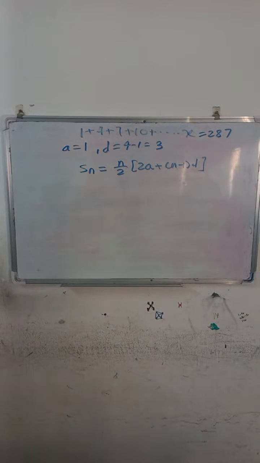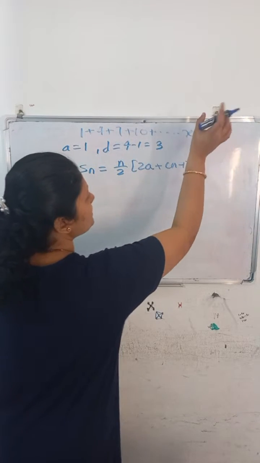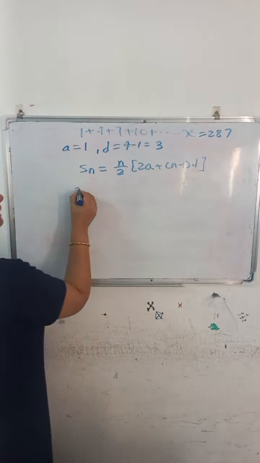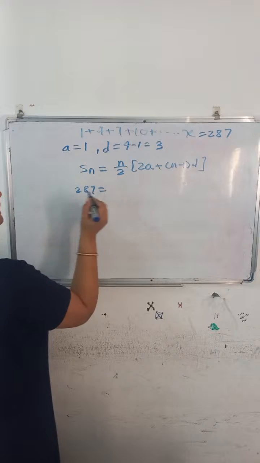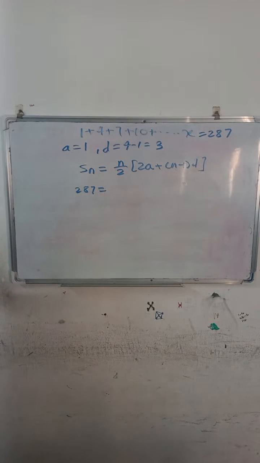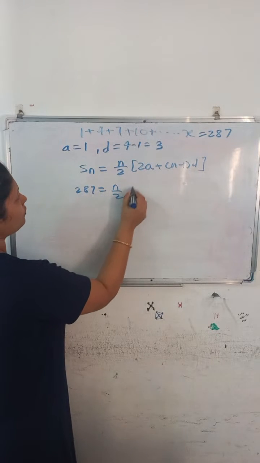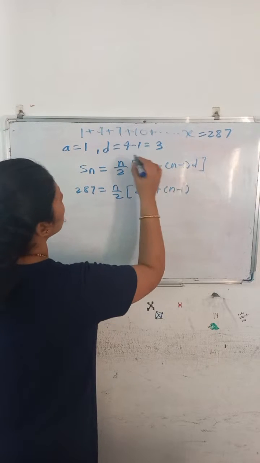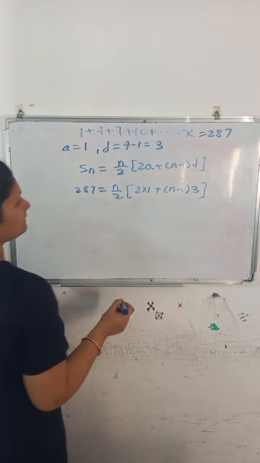They are saying the total sum of this series is 287, Sn is equal to this. So we write 287, and how many terms there are we don't know, so we write it as n by 2, 2 into a which is 1, plus n minus 1, and d is nothing but 3.